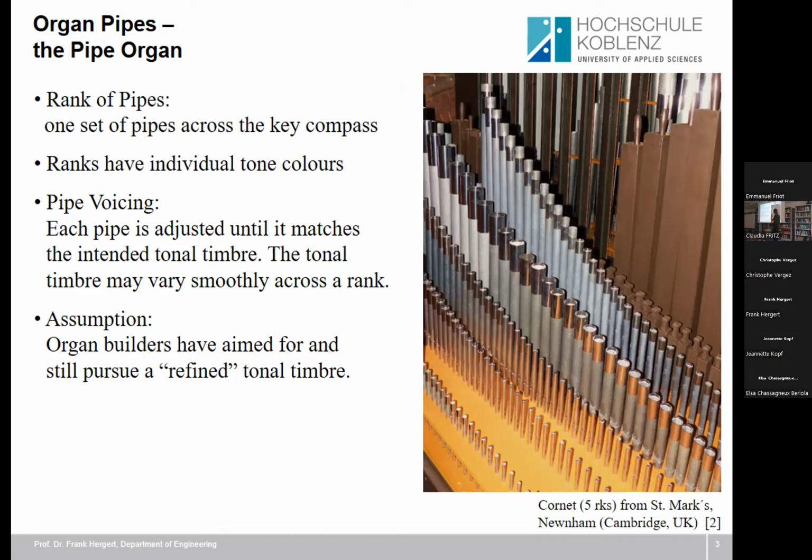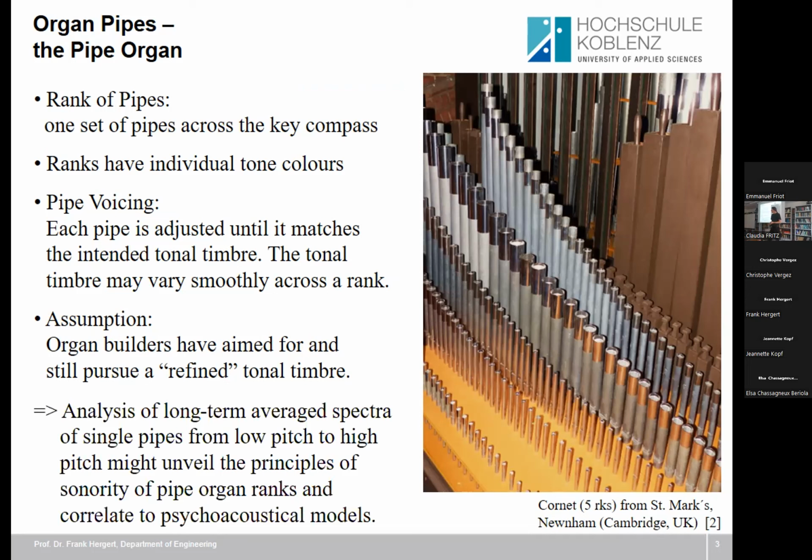So if people have focused to make a good sound, I think we can, when we investigate the sound of individual pipes, learn what is a good sound, what is a bad sound, and what is the principle to refine the sound. So this is the idea. The analysis of sound spectra might unveil some principles. In the best case, we might learn something. What is consonance? What is the recipe to have a sound which we perceive as pleasant?